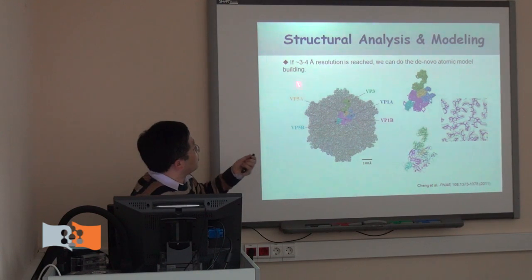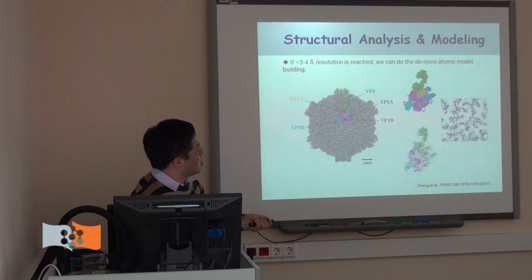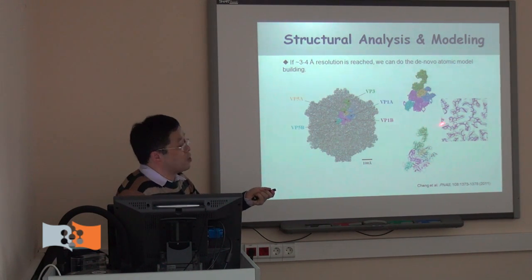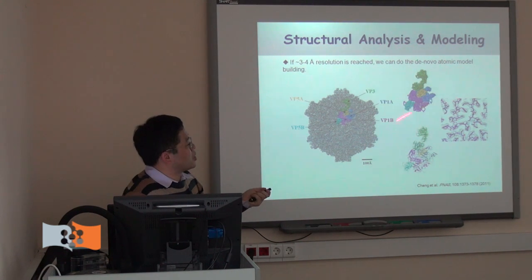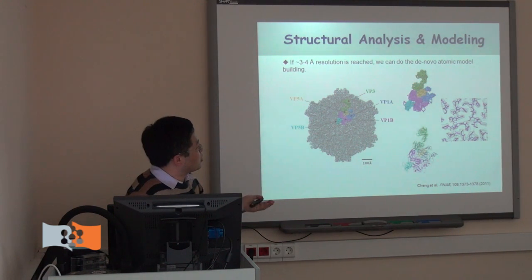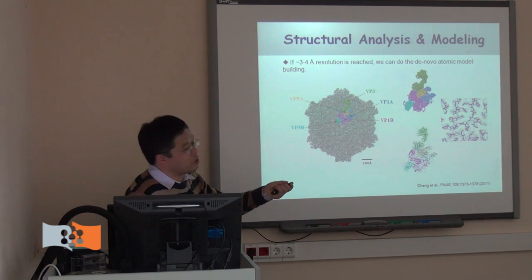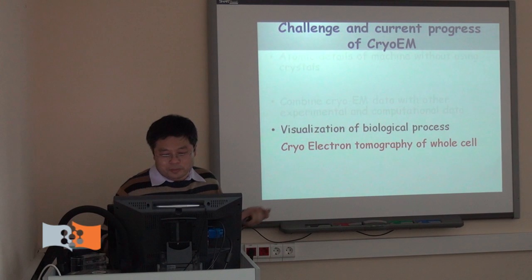And if you get to a higher resolution, for example 3 to 4 angstrom, this is my work, the work in my lab, you can build the atomic model without any help from crystals. You can see the side chains and build the whole atomic structure.